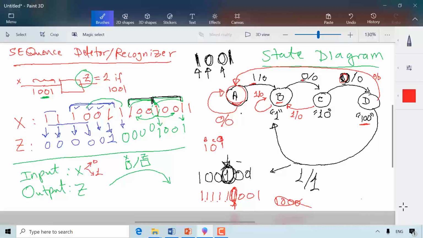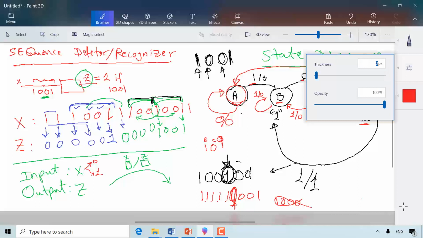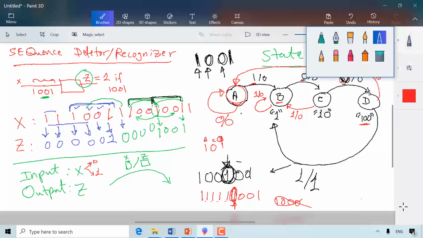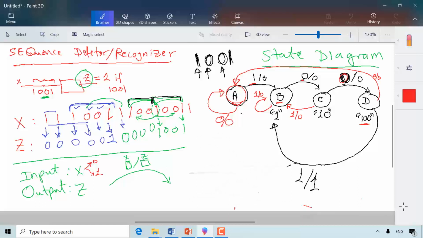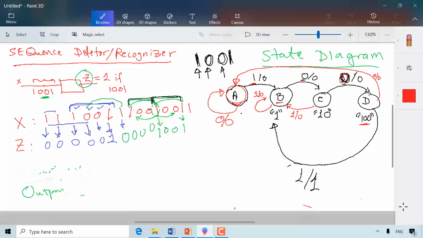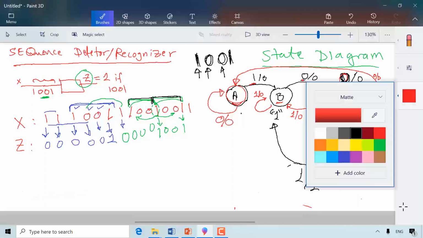Now, let me just use the eraser here. What I need to do is state assignment.